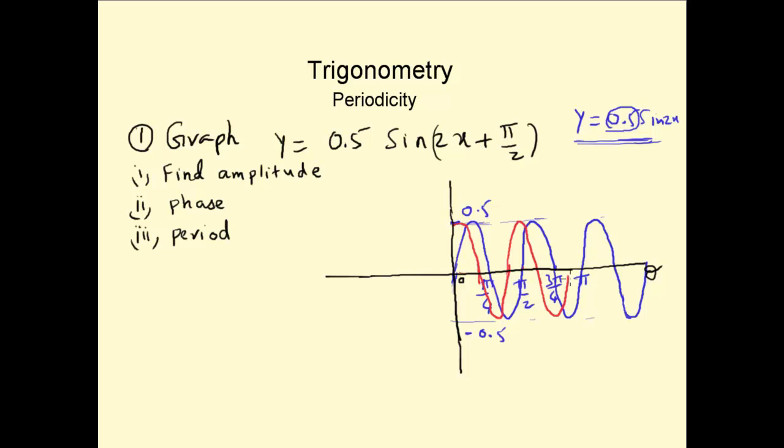So basically there's a lag between sine 2x and sine 2x plus pi by 2. This is the plot for sine 2x plus pi by 2.